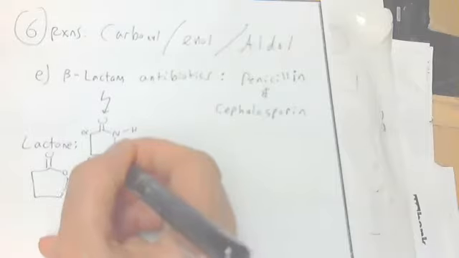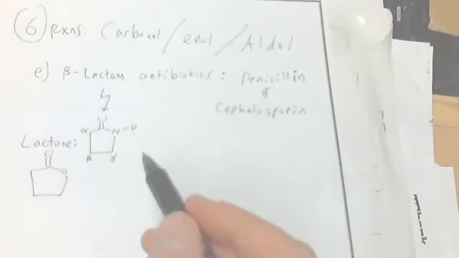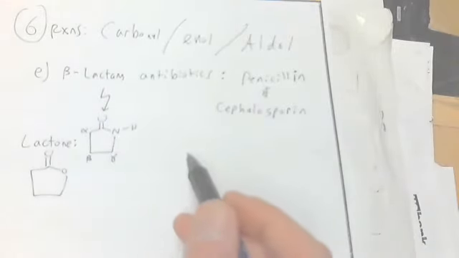So what does the beta mean? This is the alpha beta nomenclature. This is the alpha carbon, this is the beta carbon, this is the gamma carbon, and then delta, epsilon. So this is technically a gamma lactam.